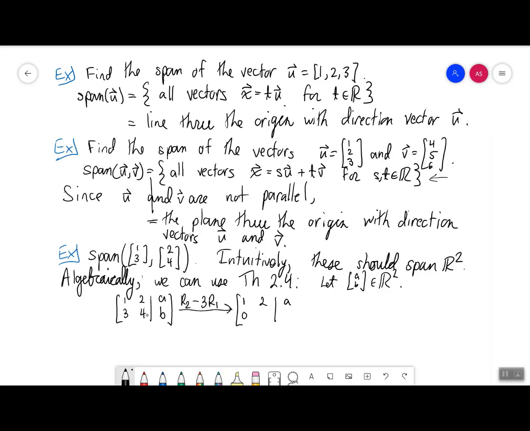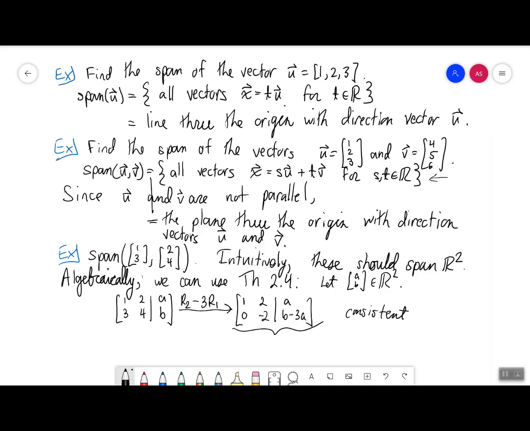And 4 minus 3 times 2, so 4 minus 6 is negative 2. And b minus 3a. The important thing to note here is that this matrix is consistent, because there is no row which is all 0 to the left of the bar and not 0 to the right. So we have consistent.